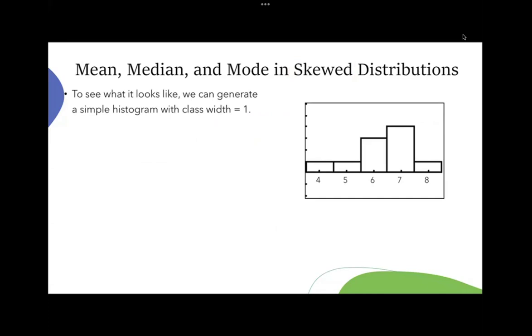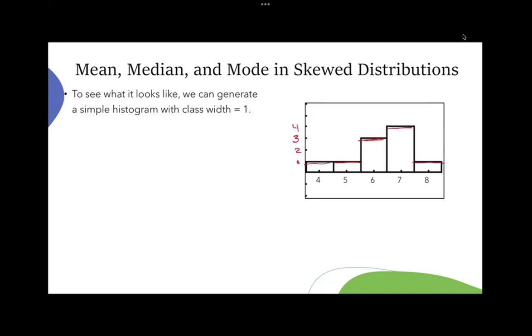So if we were to create a graph where each of the bars represents the number of values we have in that set, there's 1 four, there's 1 five, and there's 1 eight, and then there are 3 6s and 4 7s.